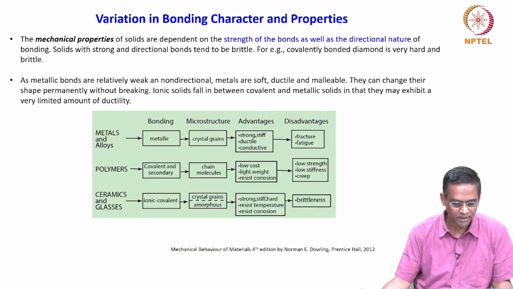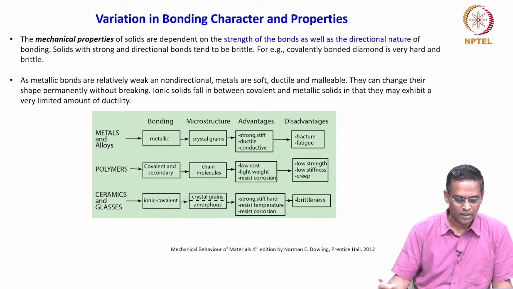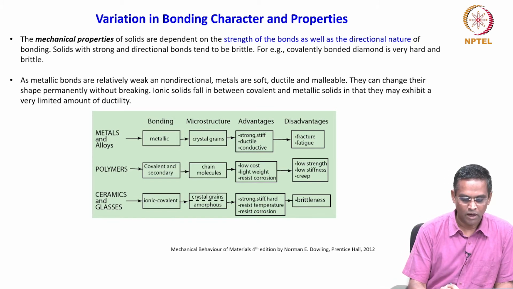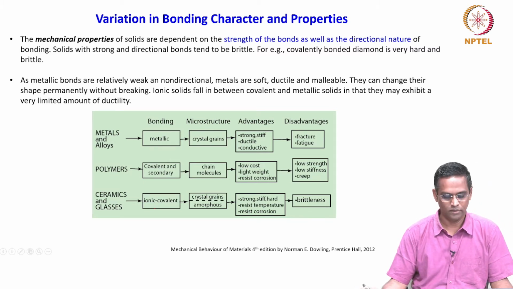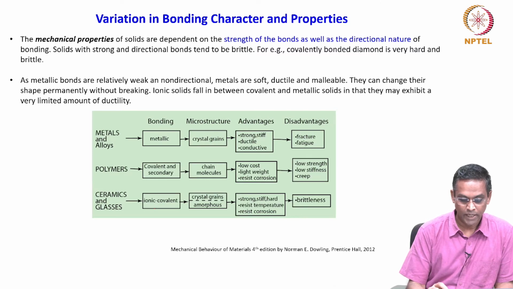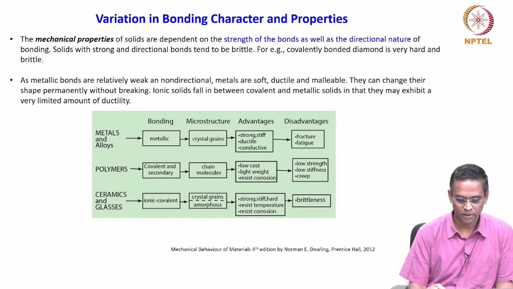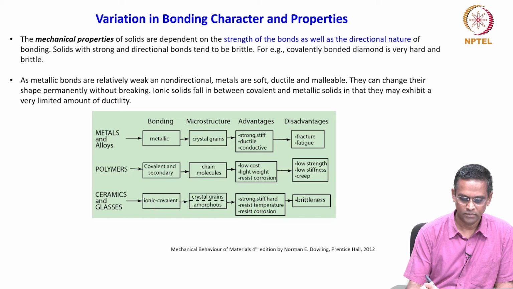If you take ceramics and glasses, they have ionic bond or covalent bond or both. Okay. They could be polycrystalline in nature or there could be semicrystalline or amorphous in nature. Both states of microstructure are possible.